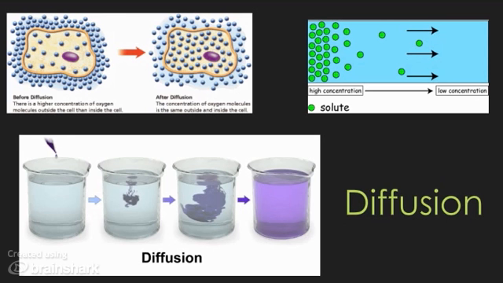So here you can see some different examples of diffusion. And one of the easiest ways to see diffusion is the large picture on the bottom with 4 beakers of water. You can see the first beaker is plain water, but they're adding a drop of purple food coloring.